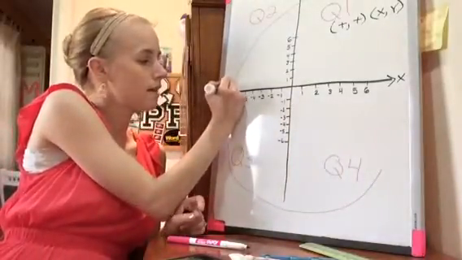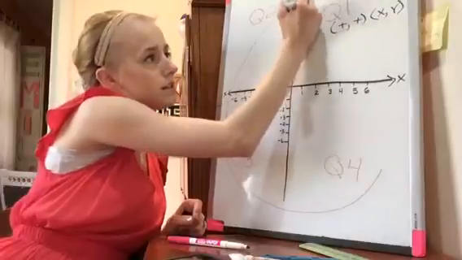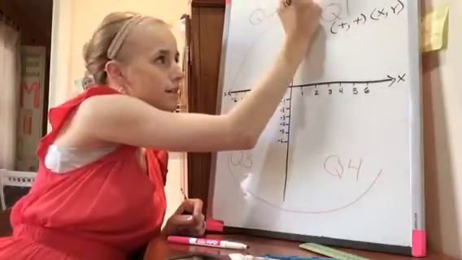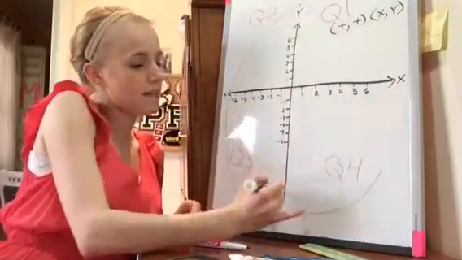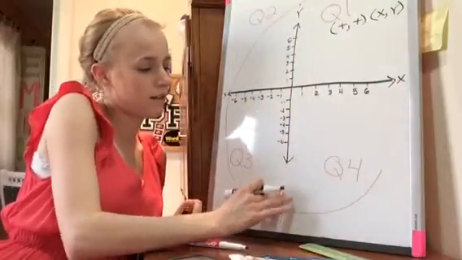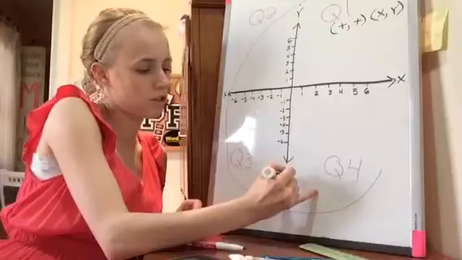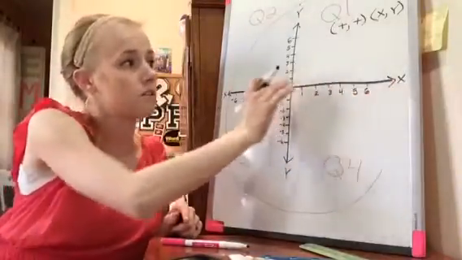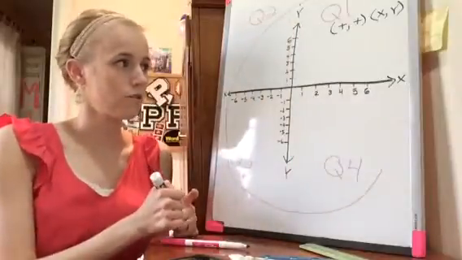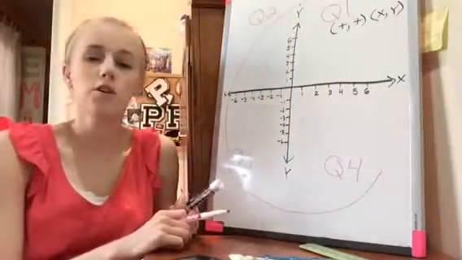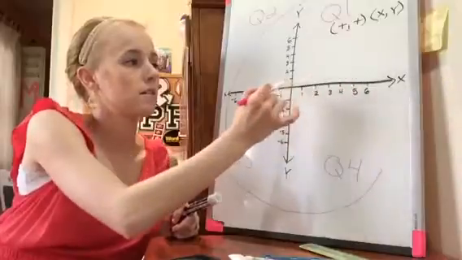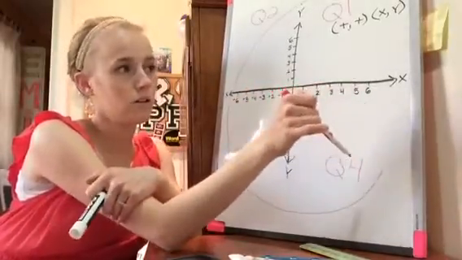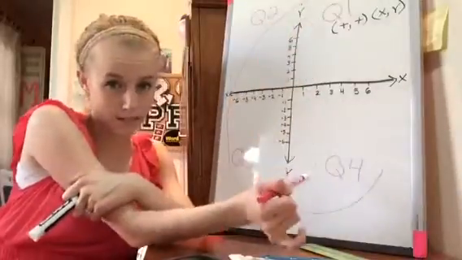And this is our Y axis, and that too goes in both directions. So X, Y. When I go to plot points, I'm going to first move over either left or right, and then I'm going to go either up or down.